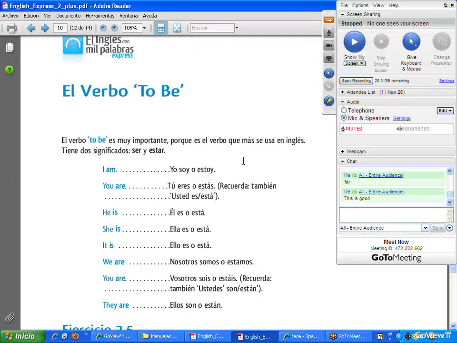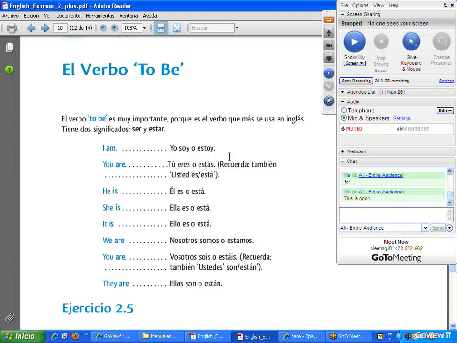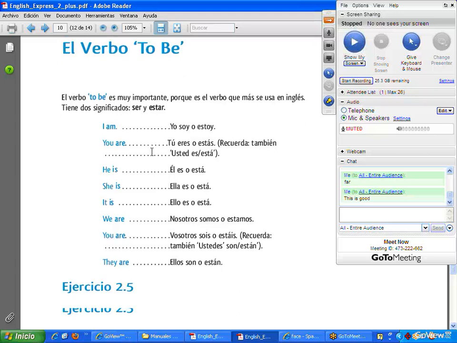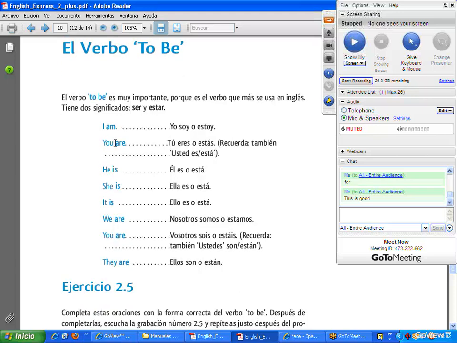Let's look at the construction of it. I am, yo soy, or yo estoy. You are, tú eres, o estás. Recuerda también usted es, está. He is, she is, it is, we are, you are, they are.